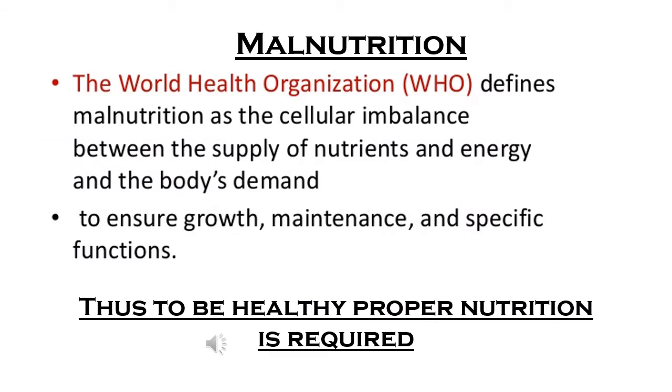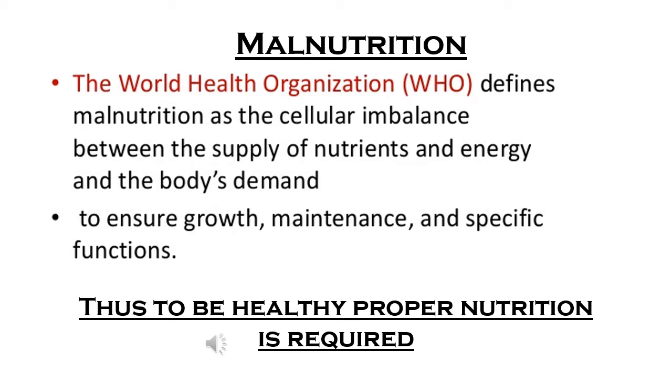Okay, so malnutrition is defined by WHO as the cellular imbalance between the supply of nutrients and energy and the body's demand. Means the supply of nutrients which is required by the body is not enough as compared to the body's demand. Now, nourishment is required for growth, maintenance, and different functions of the body.